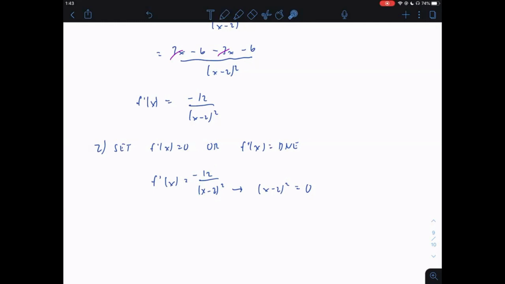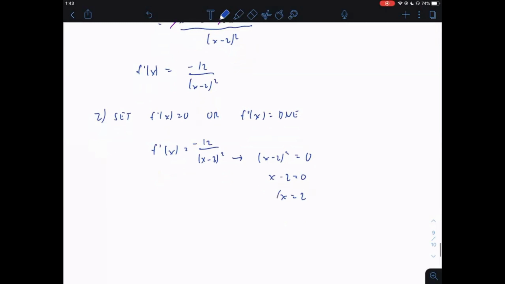So (x minus 2) squared, we can just use the rules of algebra and square root both sides. The square root of 0 is just 0, so x minus 2 equals 0. Solve for x, and it gives x equals 2. So here we have found a critical number at x equals 2.